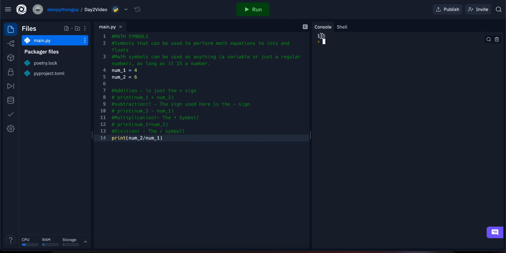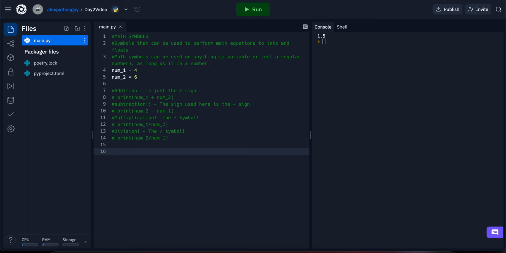And we get 1.5, which is 6 divided by 4. Now, those are kind of the basic ones that line up with pretty much what we think they're going to be, since that's the multiplication symbol on the computer and that's used for division.